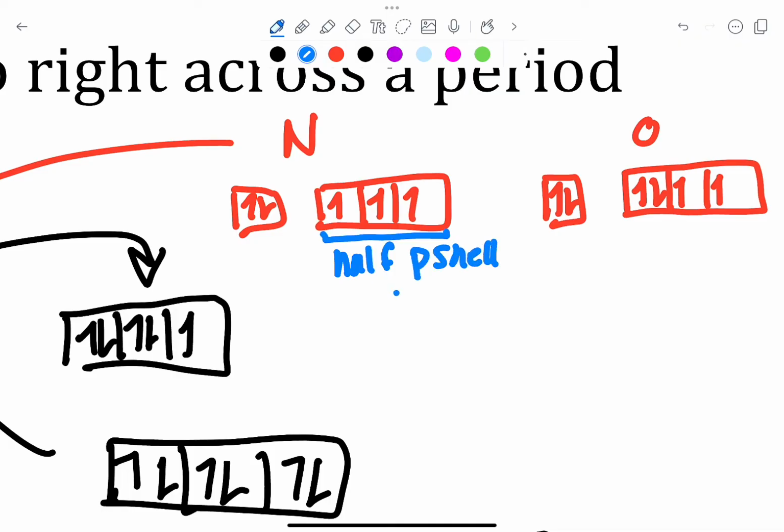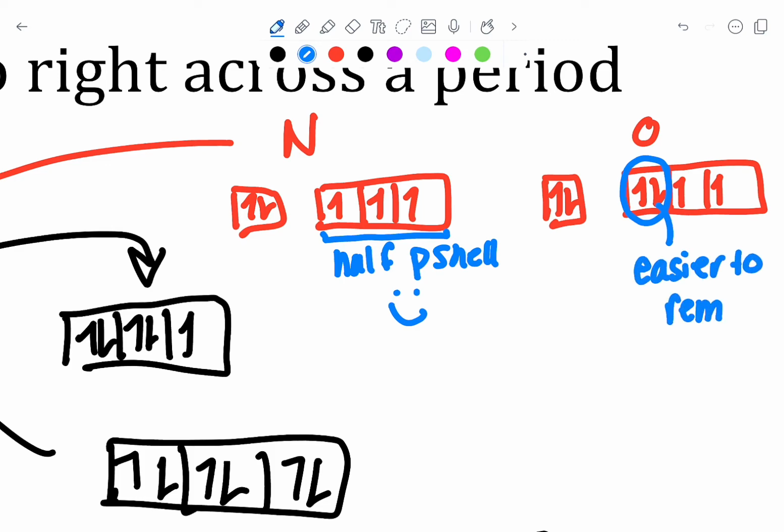Okay, and that makes nitrogen very happy. Whereas in oxygen now we have one of these electrons that could easily come out and be left with a half-filled shell. So this electron is a lot easier to remove because it's paired up and the p orbitals would rather be half-filled or whole-filled. So that's what we talked about in our previous lesson with those exceptions to our rules of electron configurations. Our shells would rather be half-filled or whole-filled.